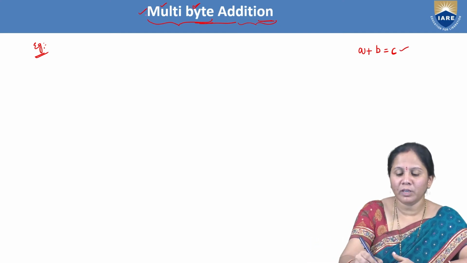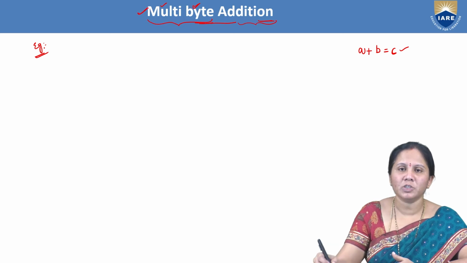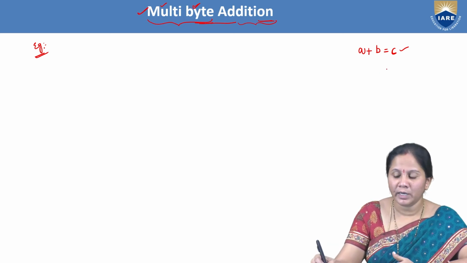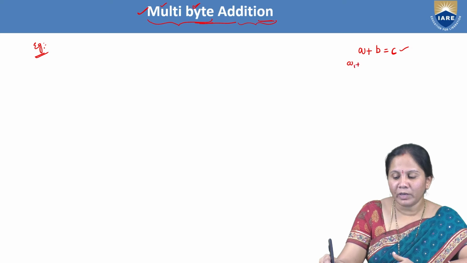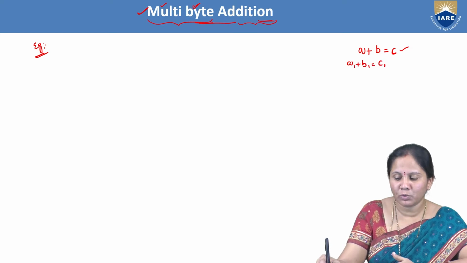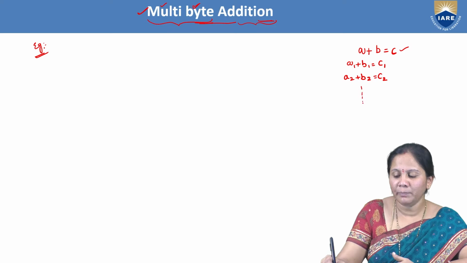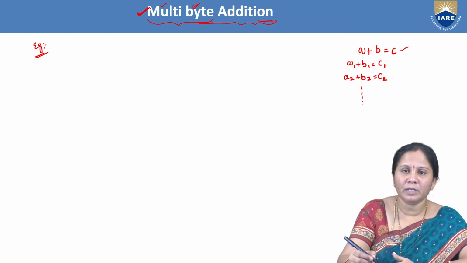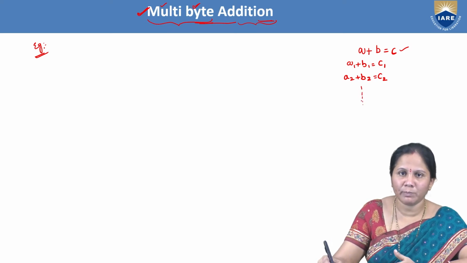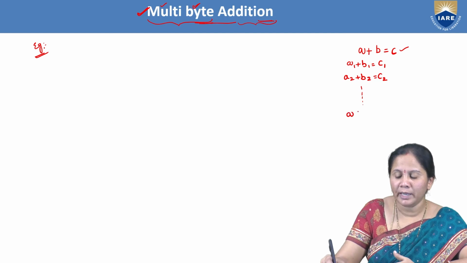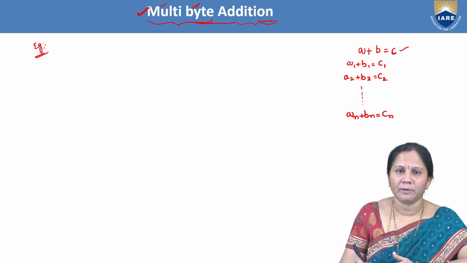In the same way, for multiple inputs, A1 plus B1 will be stored in C1, and A2 plus B2 should be stored in C2. Since the inputs may be multiple, consider n inputs: An plus Bn should be stored in Cn.